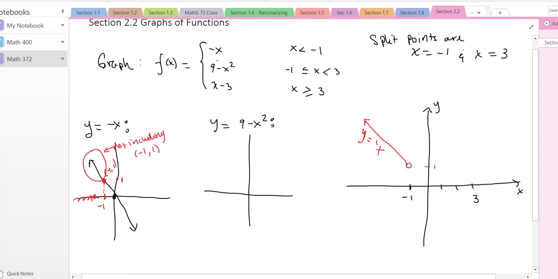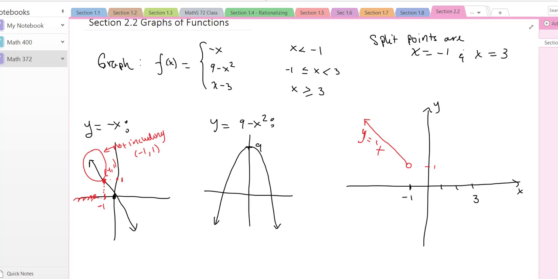But hopefully you're able to see that this is a square, so it's a parabola. And it's a negative x squared, so it's a parabola that opens downward, with the y-intercept and vertex at 9. This is the middle section, between -1 and 3.